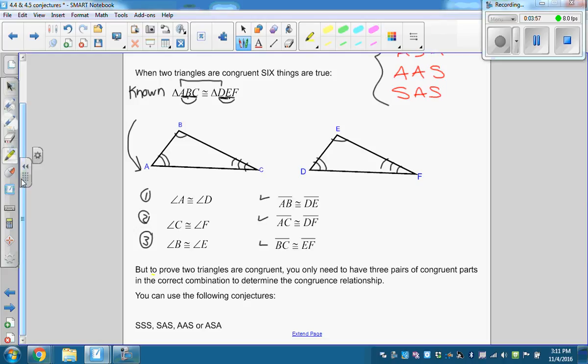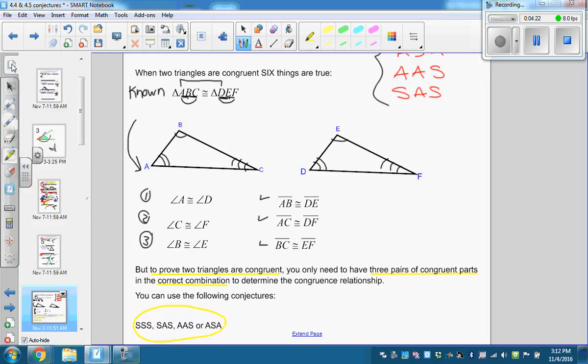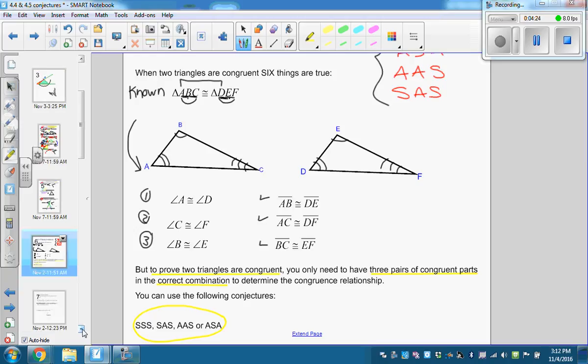To prove 2 triangles are congruent, you only need to have 3 pairs of congruent parts in the correct combination. Okay, so an example of the one that wasn't correct was side-side-angle, because it came up with at least 2 solutions, or sometimes 2 solutions. So these are conjectures, and you should be able to make a sentence statement of those. So what about the angle?